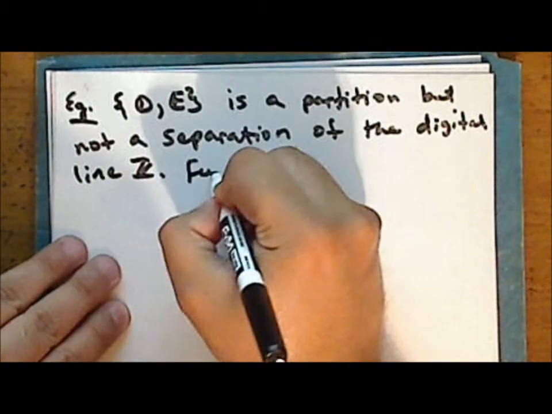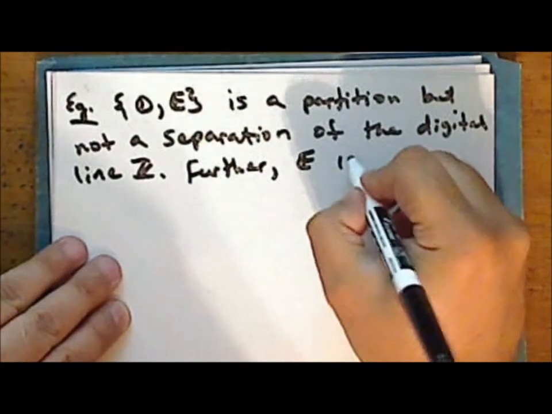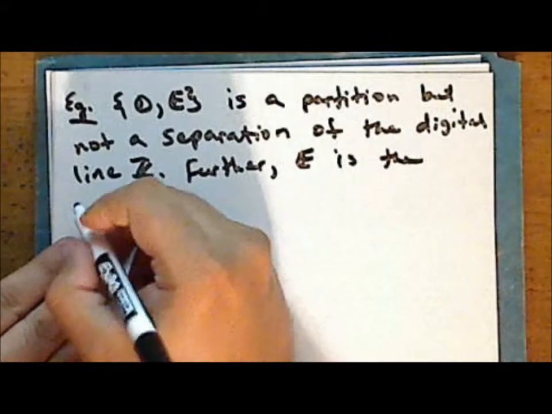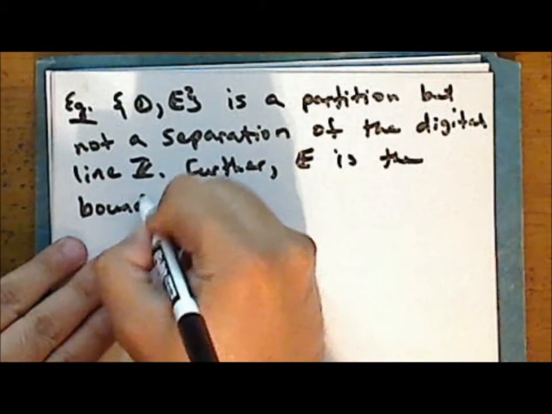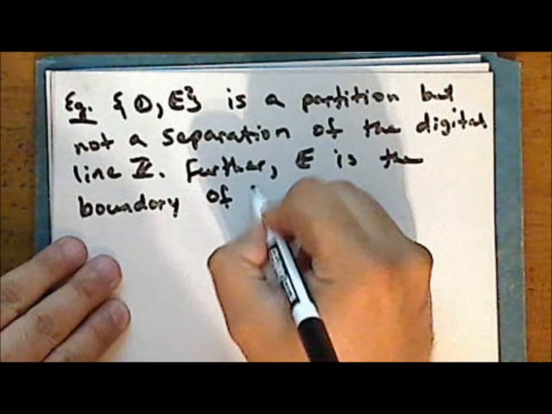Further, the set of even integers is the boundary of both sets.